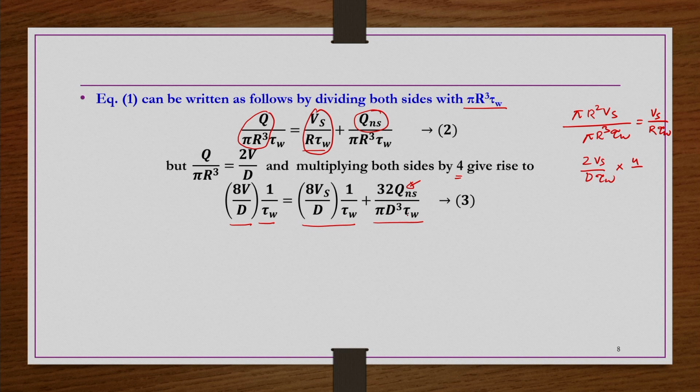So, altogether what we understand, in this equation number 3, the second term in the RHS is constant, and the first term in the RHS has two parameters, Vs and D, both changing. If you change D, then Vs also changes if wall slippage exists.